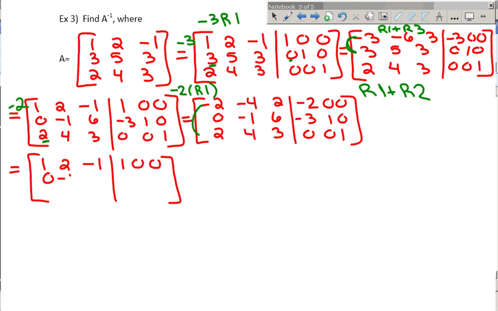Row 2 has not changed. Now I'm adding row 1 and row 3. I don't know why I wrote row 2, because I've been doing this all day. Okay, so I'm adding these two rows together, and that's what's going in as my new row 3. So I get 0, 0, 5, -2, 0, 1.